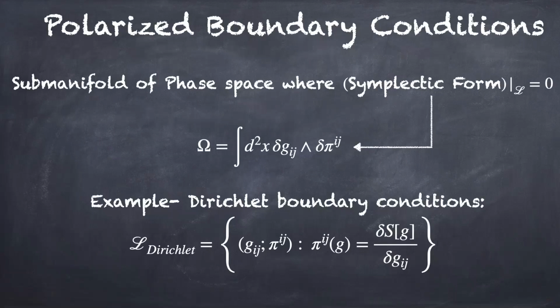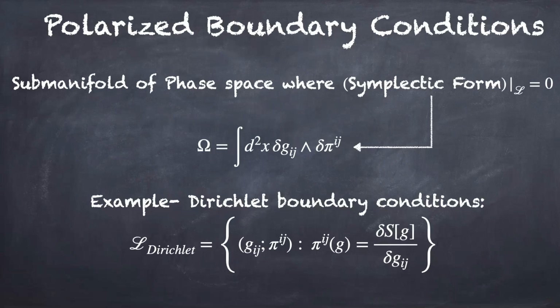What we'll be considering in this context is, given the Dirichlet story, whether we can change boundary conditions in some sensible way, and what happens to the partition function when we do this. So what do we focus on? We care about implementing polarized boundary conditions, which define a Lagrangian submanifold in the phase space.